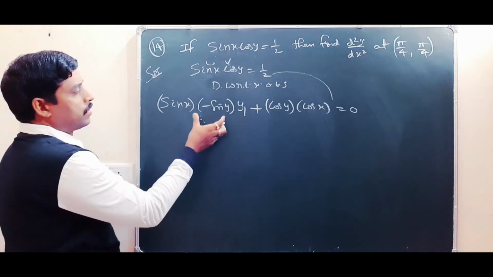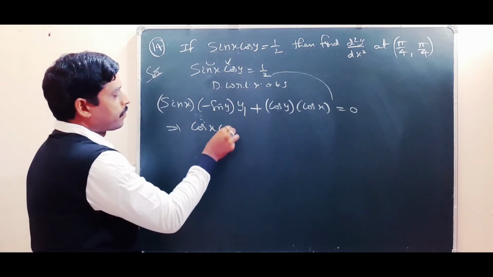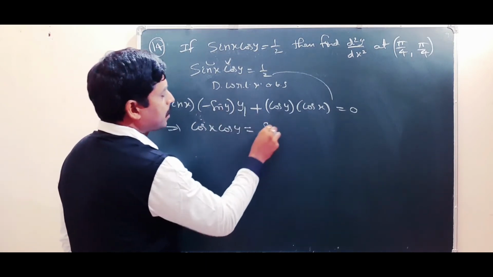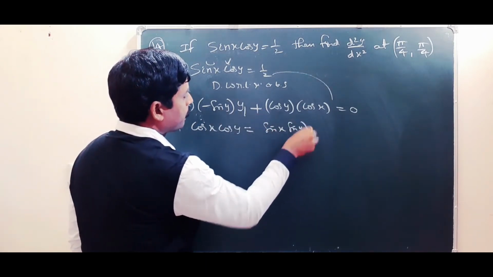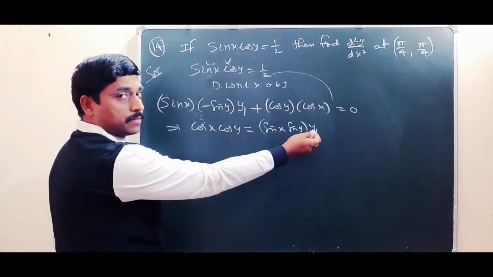Okay, this minus value we bring to the right side. So cos x cos y is equal to sin x sin y into y1. Therefore y1 is nothing but dy by dx.